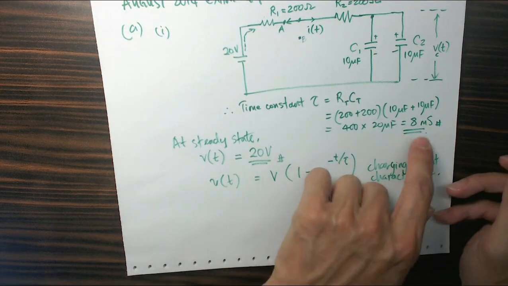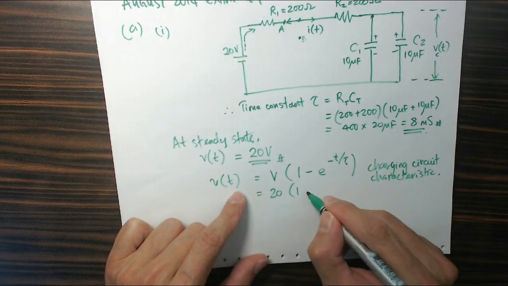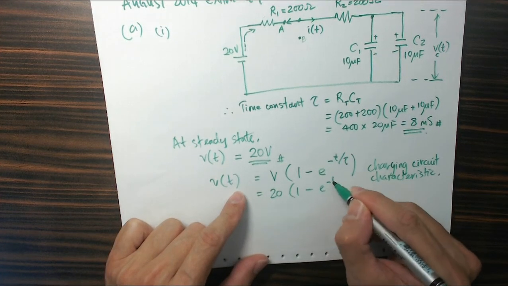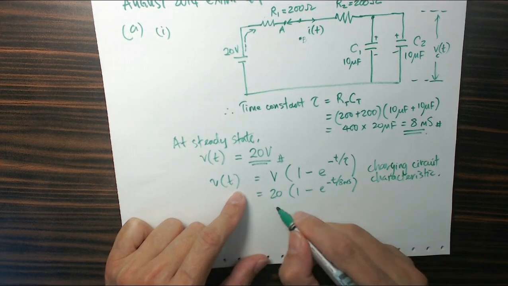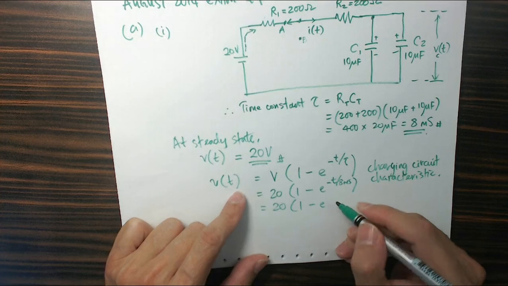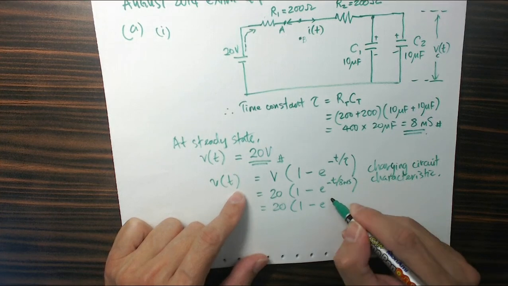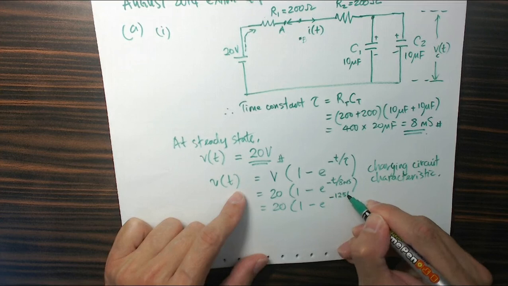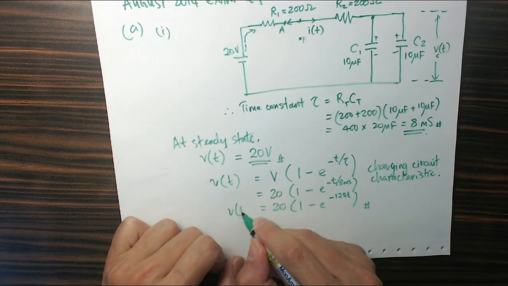Substituting the values in, we get 20 times (1 minus e to the power of minus t over 8 milliseconds). That gives us 20 times (1 minus e to the power of minus 125t). So that's the voltage waveform of Vc.